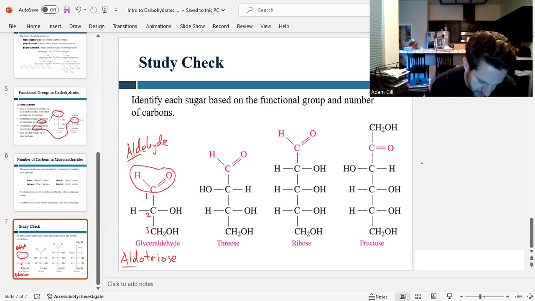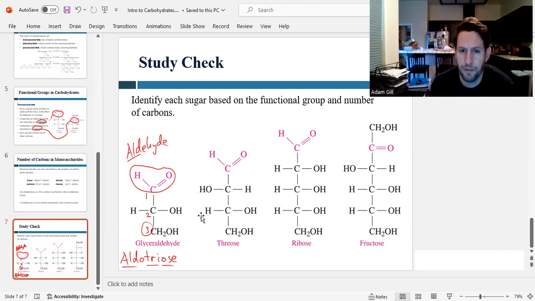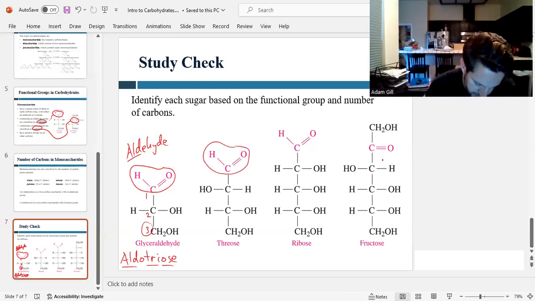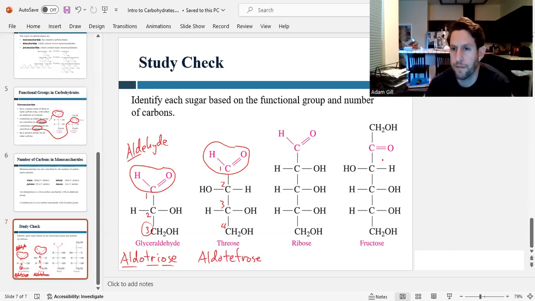Ald for aldehyde, tri for 3 carbons, and ose because it's a sugar. So it's an aldotriose. All right, what about the second one here? It also has an aldehyde, and it's got 1, 2, 3, 4 carbons. So this would be an aldotetrose. Tetro for 4 carbons.